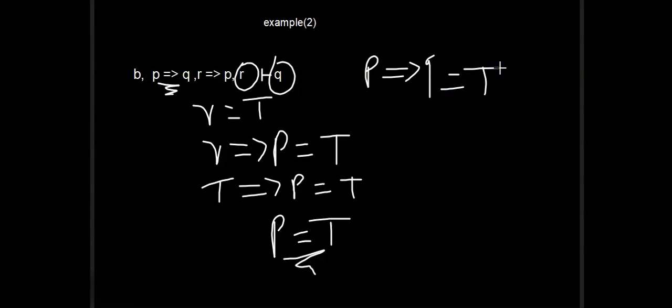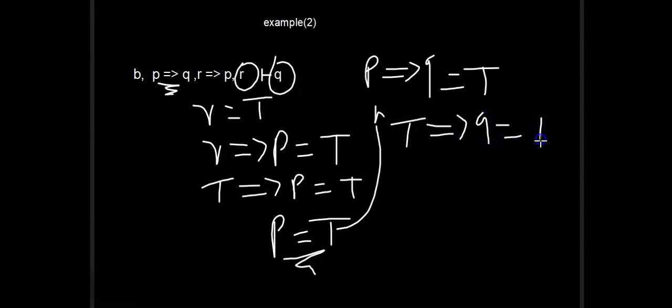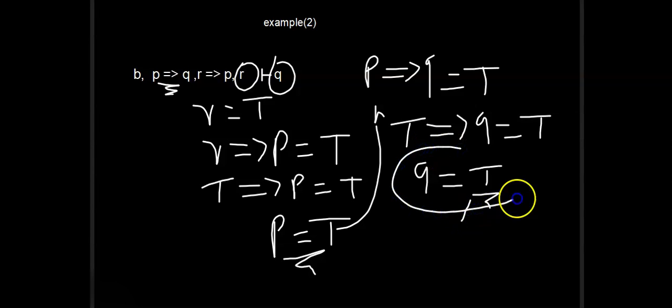So when I substitute this, I'm gonna get true implies Q equals true. This is also the same as the previous one. So Q must be what? Q must be true, unless my statement will be invalid. So Q must be true, and the whole statement will be valid.